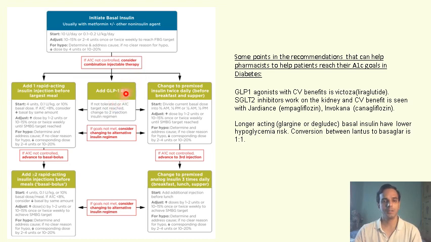Add a GLP-1 receptor agonist, especially if they have weight problems or ASCVD, or they can add a rapid-acting insulin before the largest meal, 4 units or 0.1 units per kg or 10% of the basal dose.